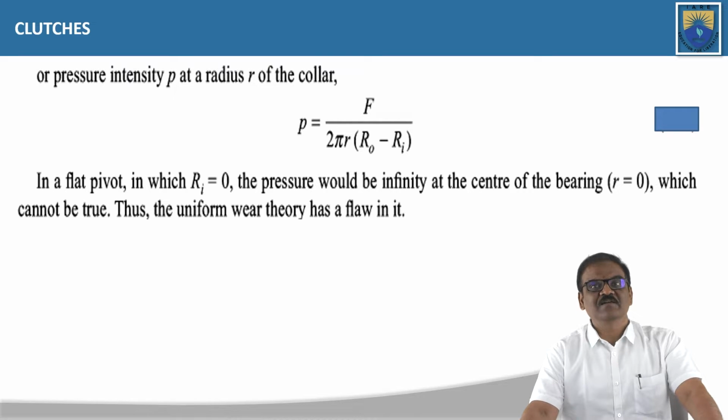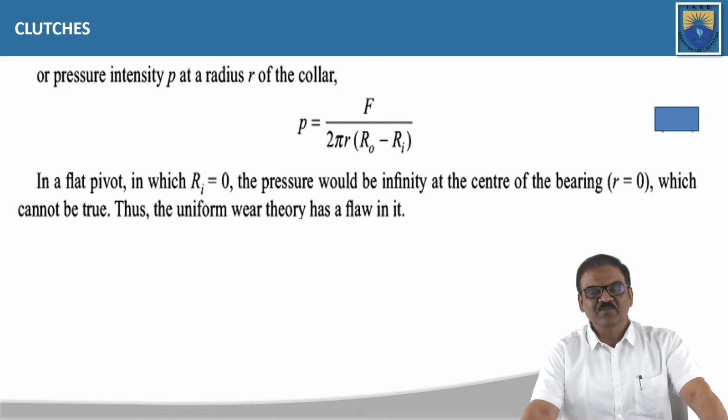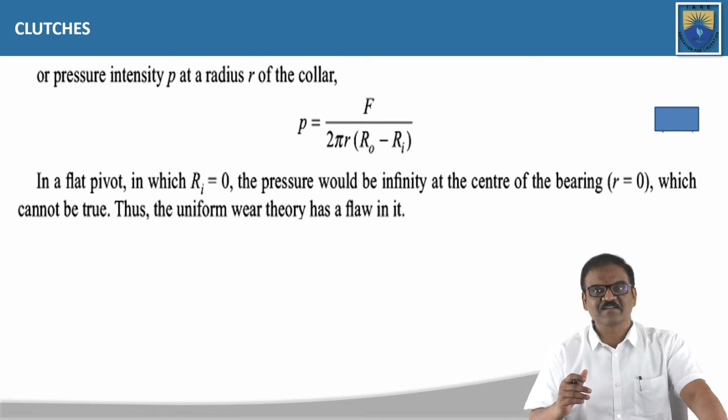In a flat pivot in which R internal is equal to 0, the pressure would be infinity at the center of the bearing, which cannot be true. Thus, the uniform wear theory has a deviation in assumption. But as we progress into the subject, we can understand that the uniform wear theory has to be applied in clutches and dynamometers.